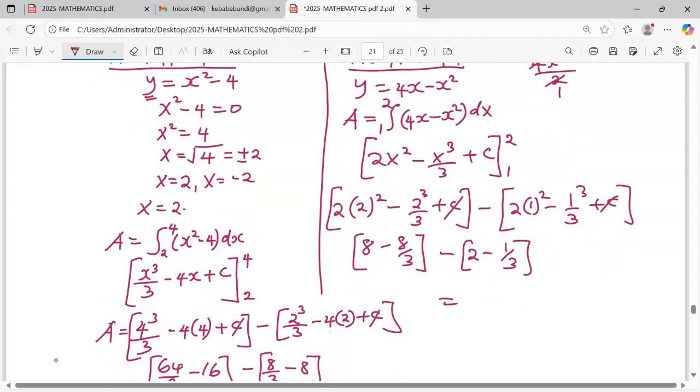So this one is going to give us, 8 minus 8 over 3 will give us 16 out of 3, minus 2 minus a third will give us 5 over 3.